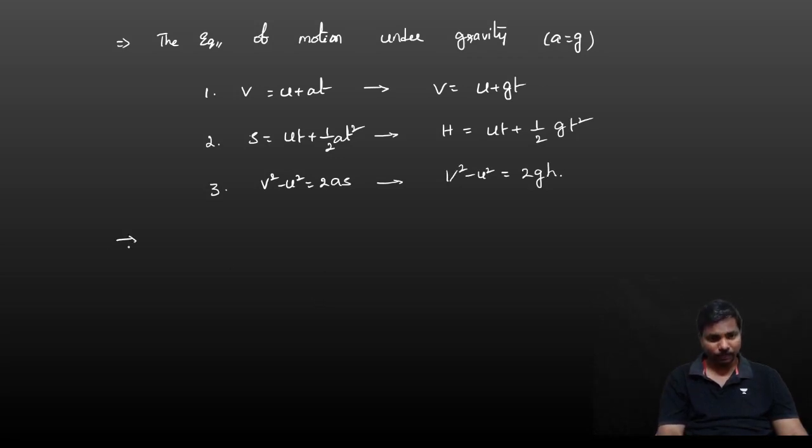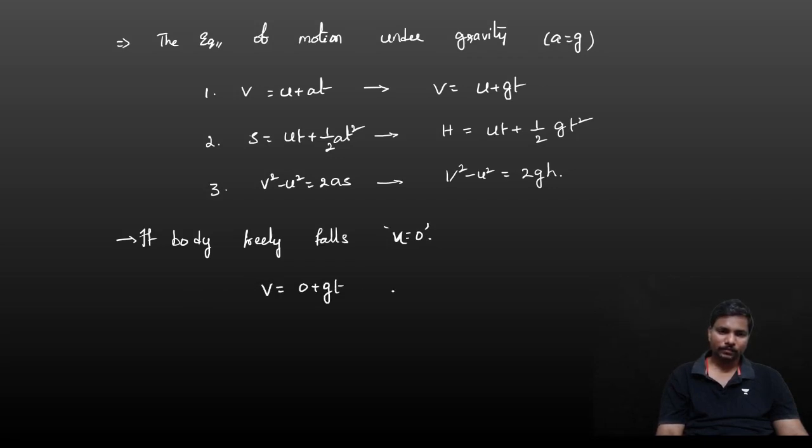If the body is freely falling, what is the initial velocity? Initial velocity is equal to 0. So then what will be the equations? v is equal to 0 plus gt, and h is equal to half gt square, since u is 0.